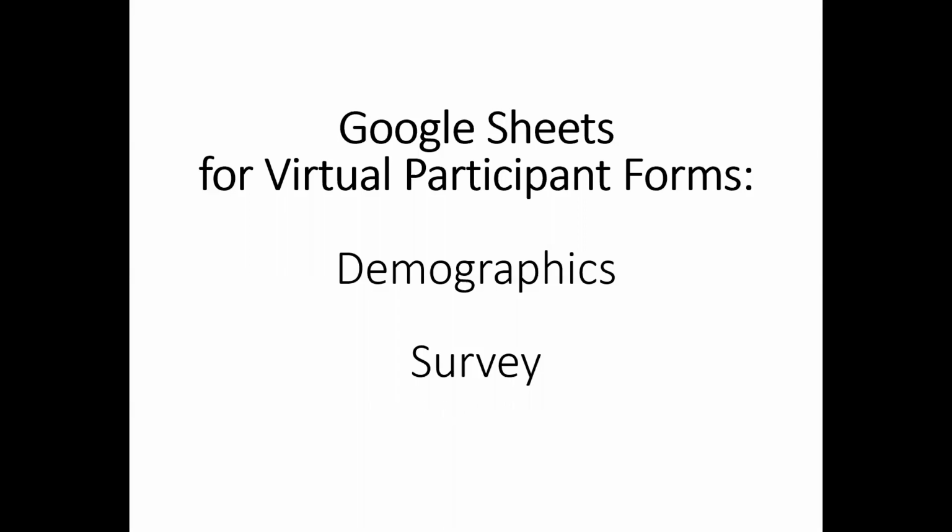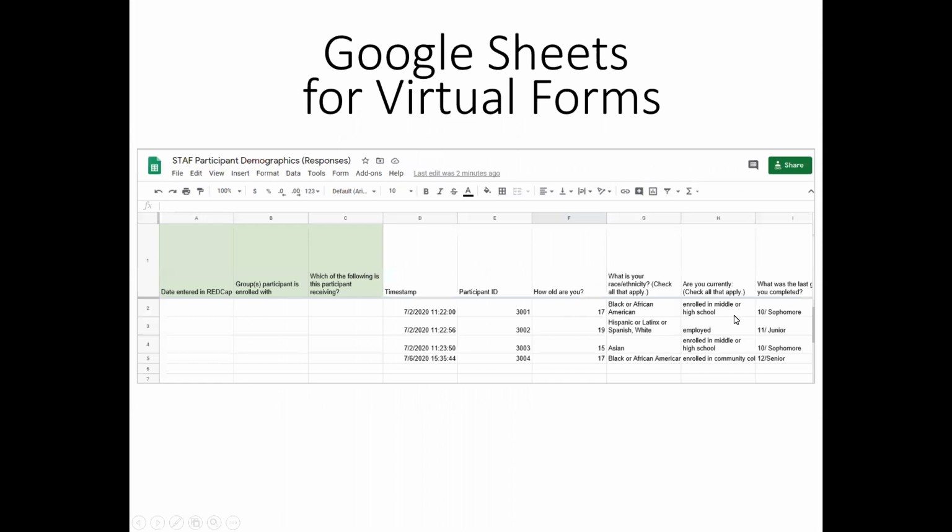So instead, you will need to access these 2 Google Sheets to see your participants' feedback, such as what you might do better next time or what they want to learn more about, as well as for your data entry purposes into REDCap. So let's dive in to what they'll look like. So this is an example of one Google Sheet.